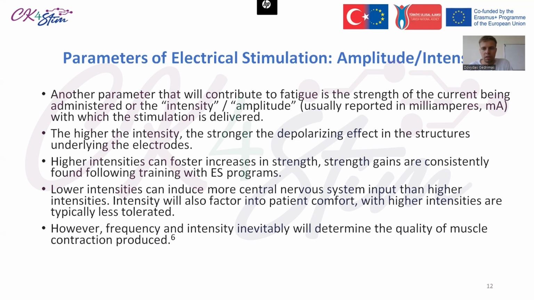Strength gains are consistently found following training with electric stimulation programs. Lower intensities can induce more central nervous system input than higher intensities. Intensity will also factor into patient comfort, with higher intensities typically less tolerated. However, frequency and intensity inevitably will determine the quality of muscle contraction produced.